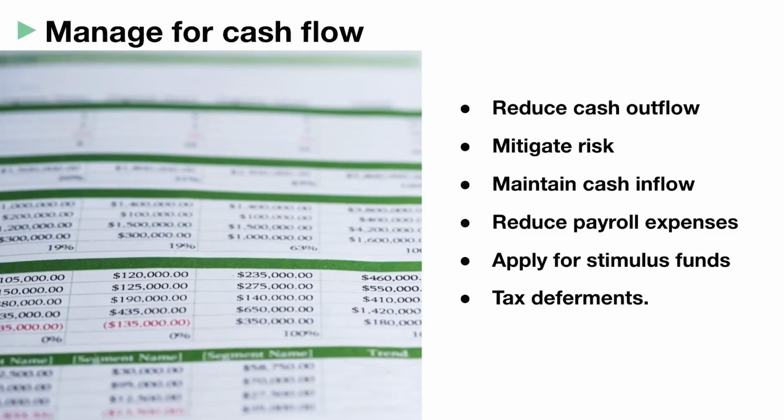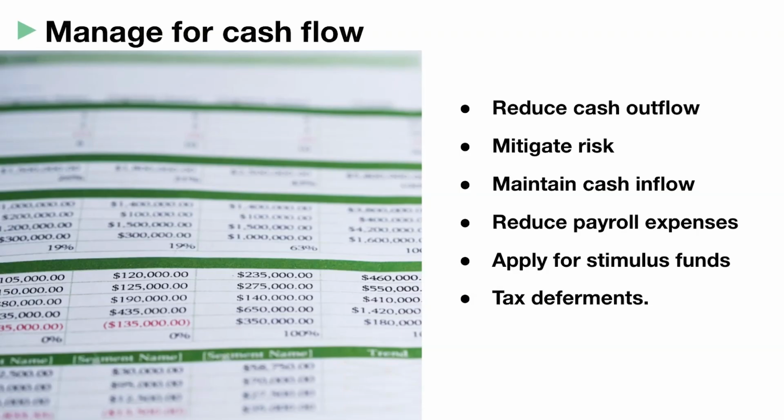Think of cash flow as your oxygen mask. You can't keep going without it. Having a healthy cash flow and rainy day savings before disasters strike has a positive impact on your ability to stay financially healthy during and following disasters.